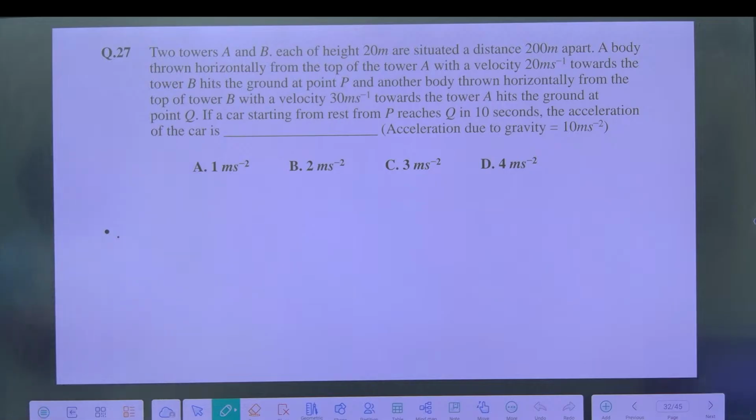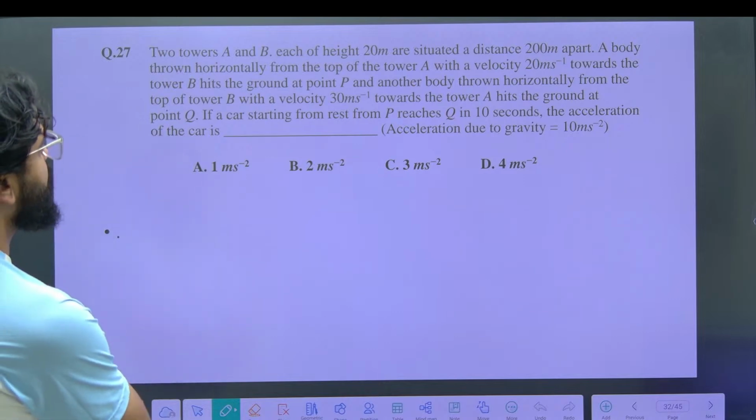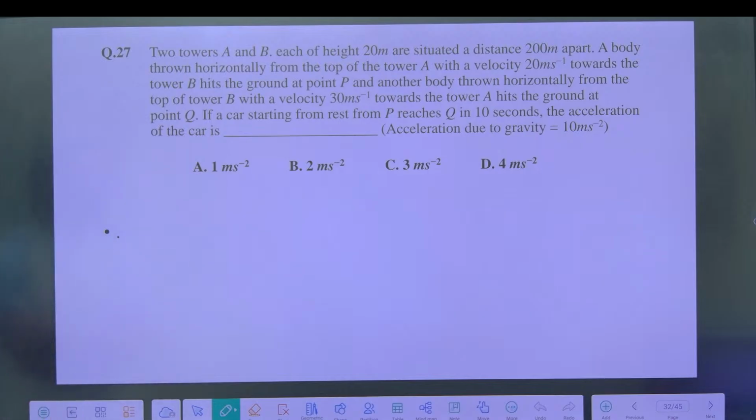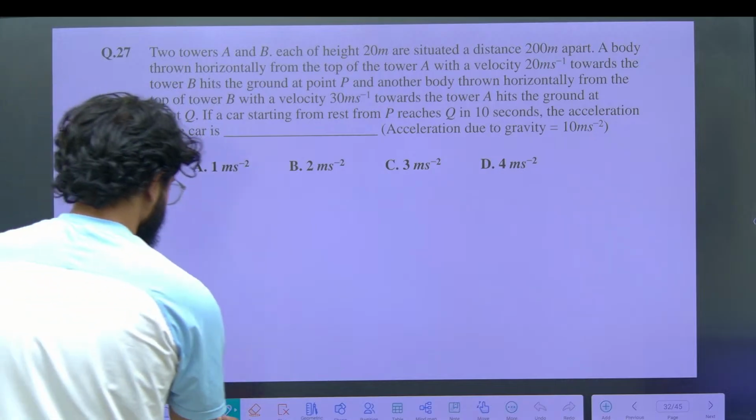A body thrown horizontally from the top of tower A with velocity 20 meter per second towards tower B hits the ground at point P, and another body thrown from tower B with velocity 30 towards A hits the ground at Q. If a car starting from rest from P reaches Q in 10 seconds, the acceleration of the car is. Okay.